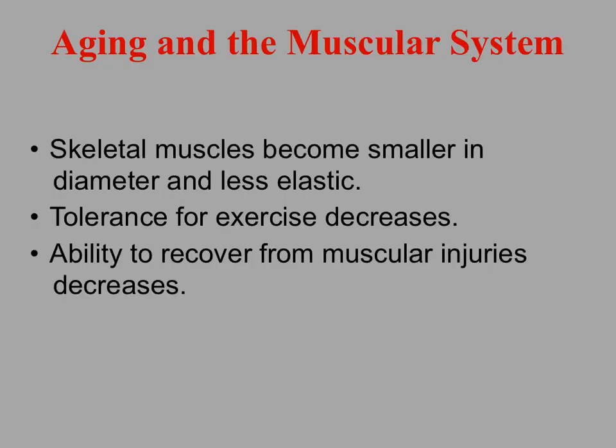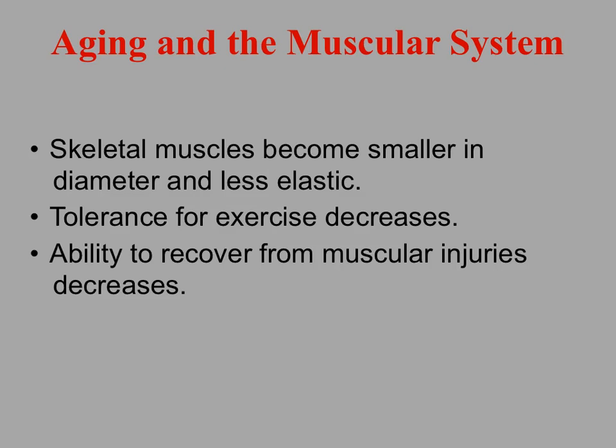And then last, a couple of comments on what happens to our muscles as we age. Our skeletal muscles become smaller in diameter because they're beginning to atrophy, like we discussed earlier. They also become less elastic. Not only can muscle cells contract, get shorter, they can also be pulled apart like a rubber band, and then they'll go back to their original resting shape.